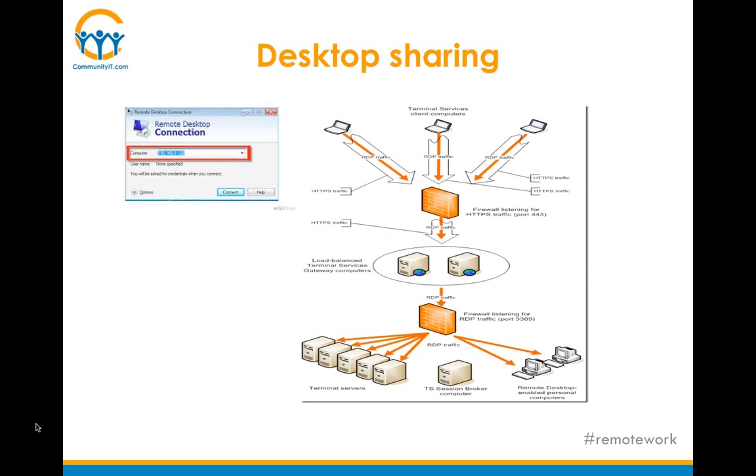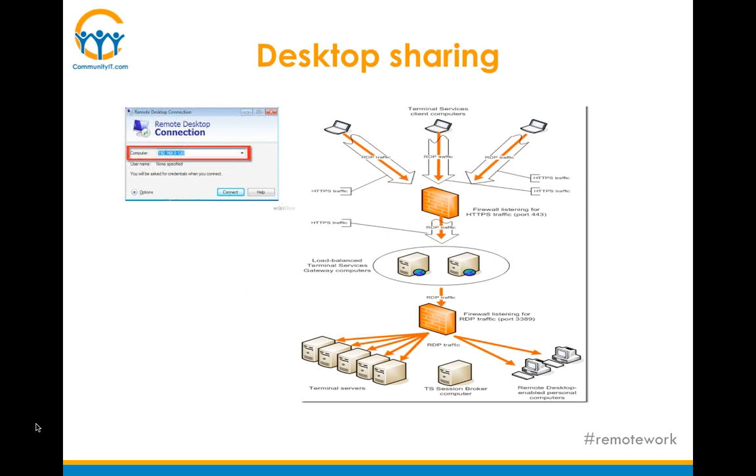All right, so that's VPN. Let's move on to desktop sharing. Desktop sharing solutions provide remote access directly to an end user's desktop. So from your office you have your desktop, and at home you can connect straight to your desktop. Another way is to have a remote desktop server.